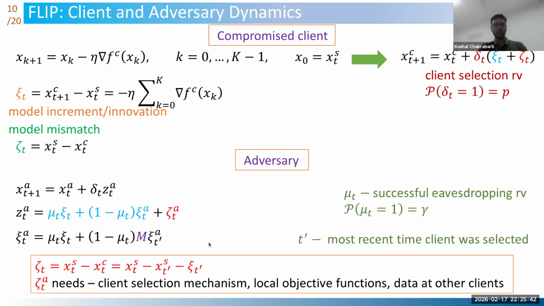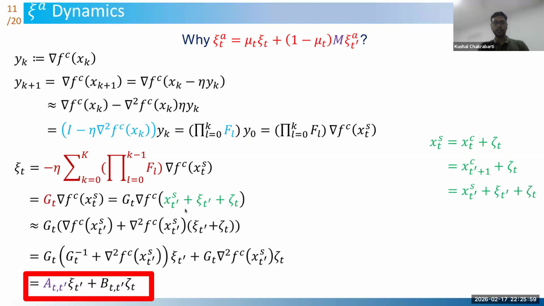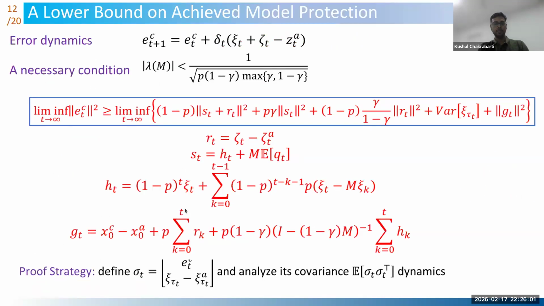So theoretically, we keep zeta t unknown. That means we don't specify the adversary dynamics for this estimate of the model mismatch zeta hat t, but that is included in our analysis.